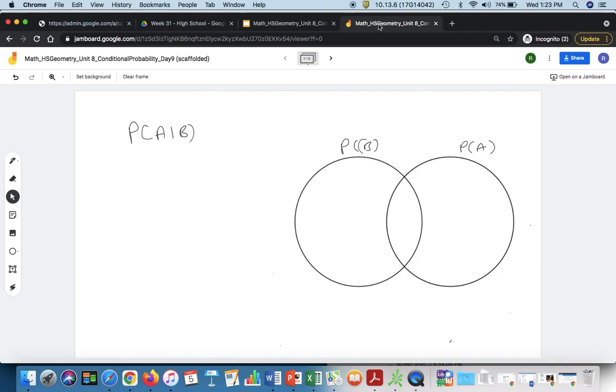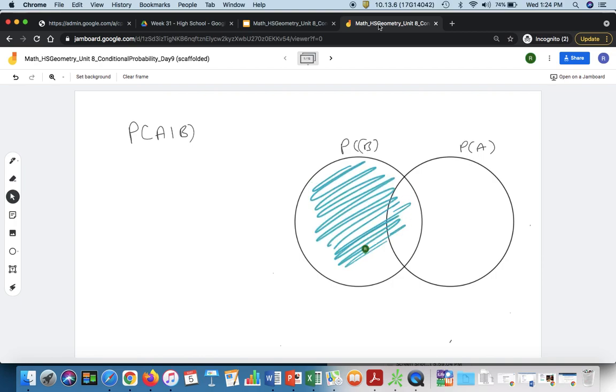So the first thing we want to do is say that B has occurred here, right? And then we want to know the probability of A if B occurred. Well, A is right here that I've highlighted in red. So it's almost like saying that is the probability of the red over the probability of the blue here.